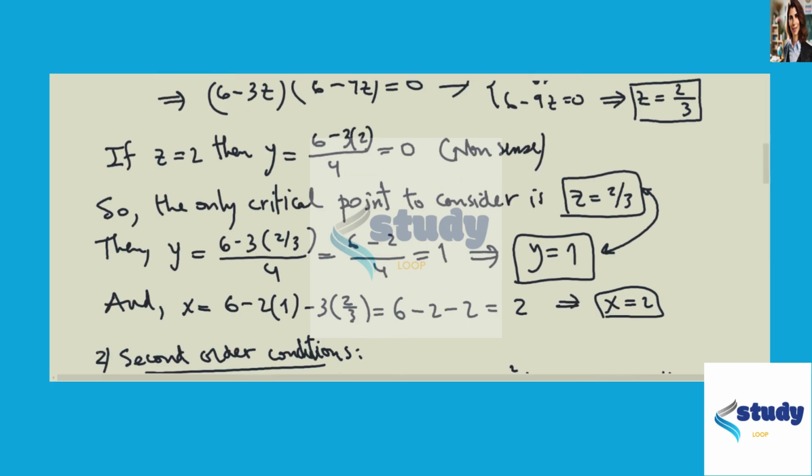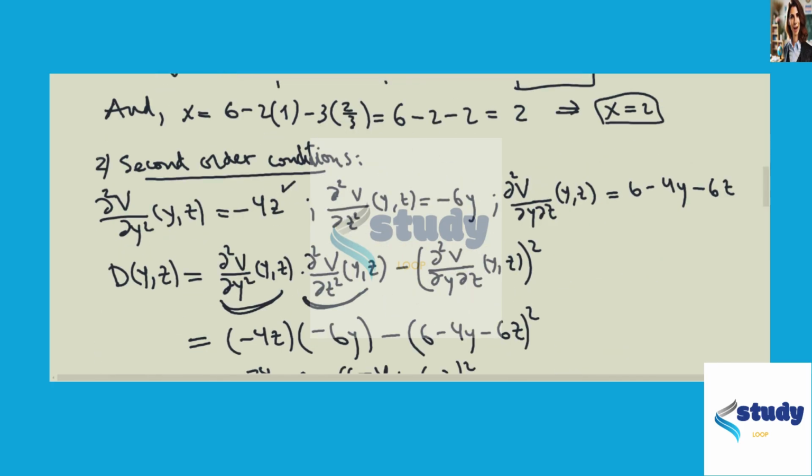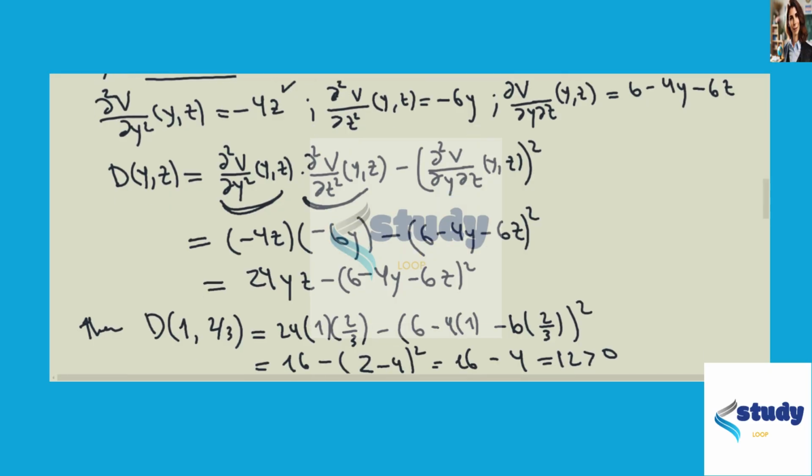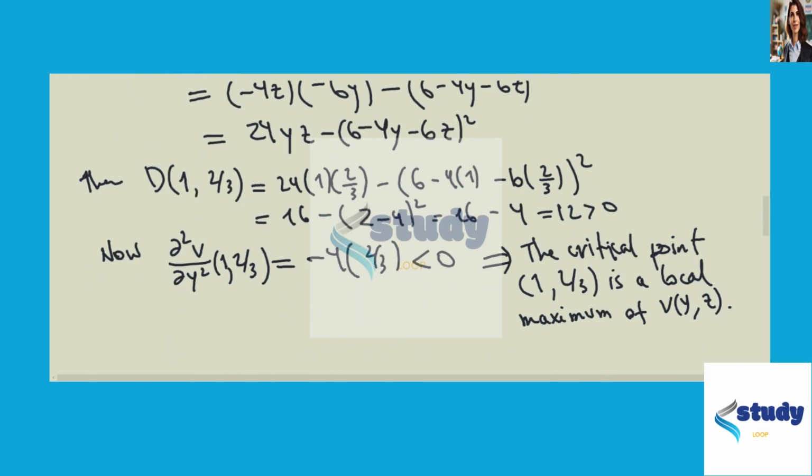And for that reason, we have only one critical point. And using second order conditions, we verify that the point is at least a local maximum. Here we are not proving that it's a global maximum in the first octant, but we stick with this verification in order to say that this is our solution.